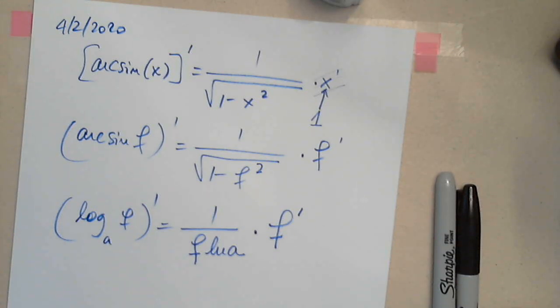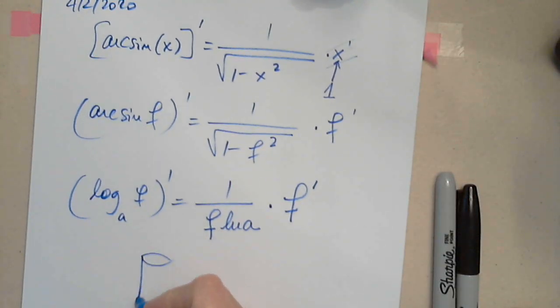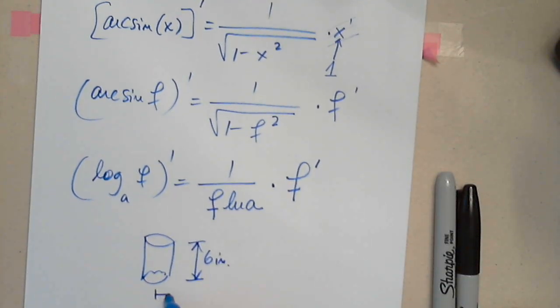Okay, so it says, I'm scrolling down. Okay, at what rate is soda being sucked out of a cylindrical glass? So this is a cylinder that is 6 inches tall and has a radius of 2 inches.